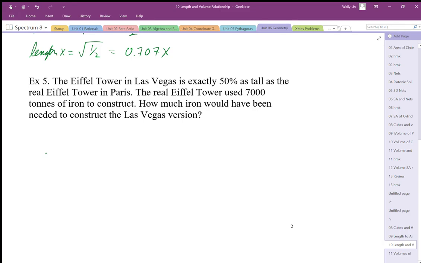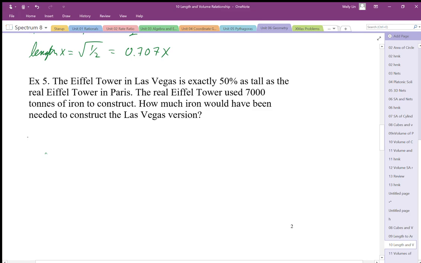Well, to figure that out, I need to figure out the difference in volume. So if it's 50% as tall, it's also 50% as wide and 50% as long. Okay, so my length multiplier is 1/2.